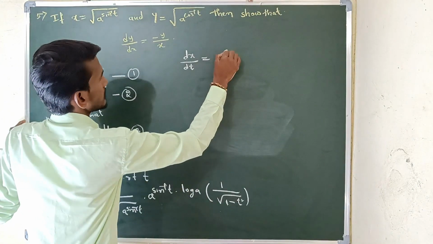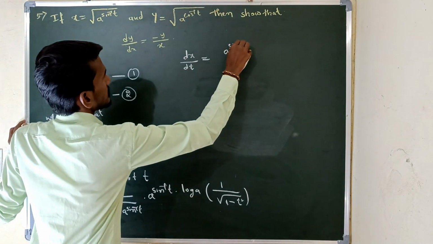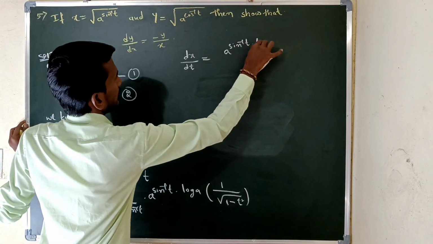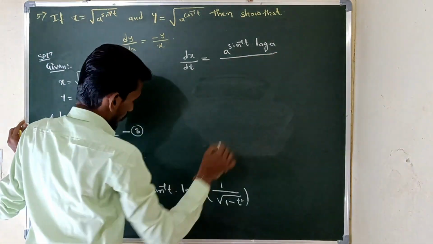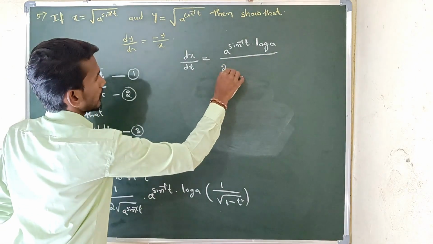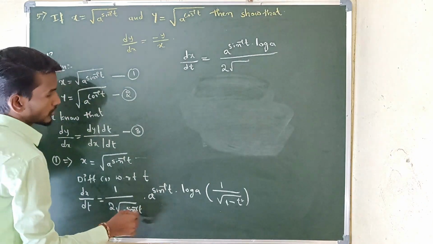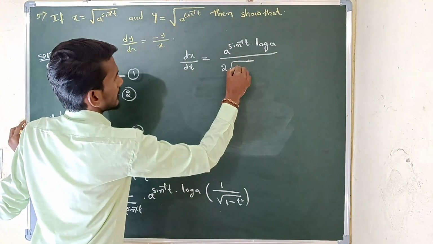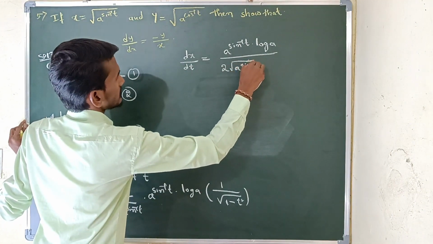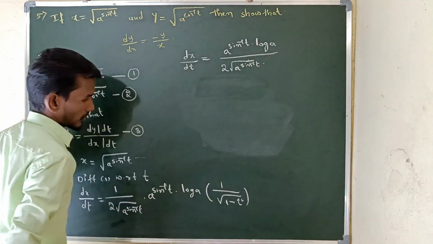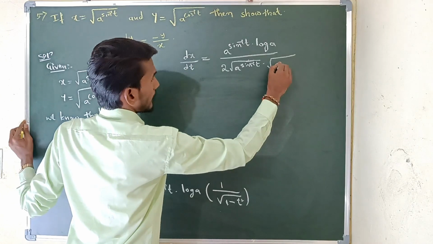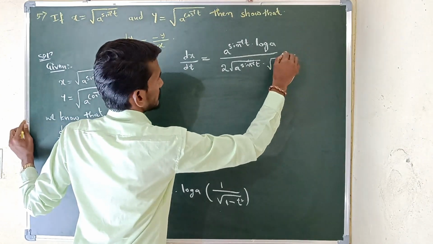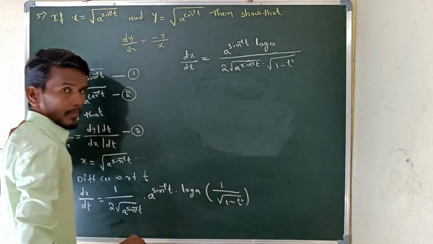It can be written as a to the power sin inverse t into log a, whole divided by 2 root of a to the power sin inverse t, into root of 1 minus t square. You have to apply like that.